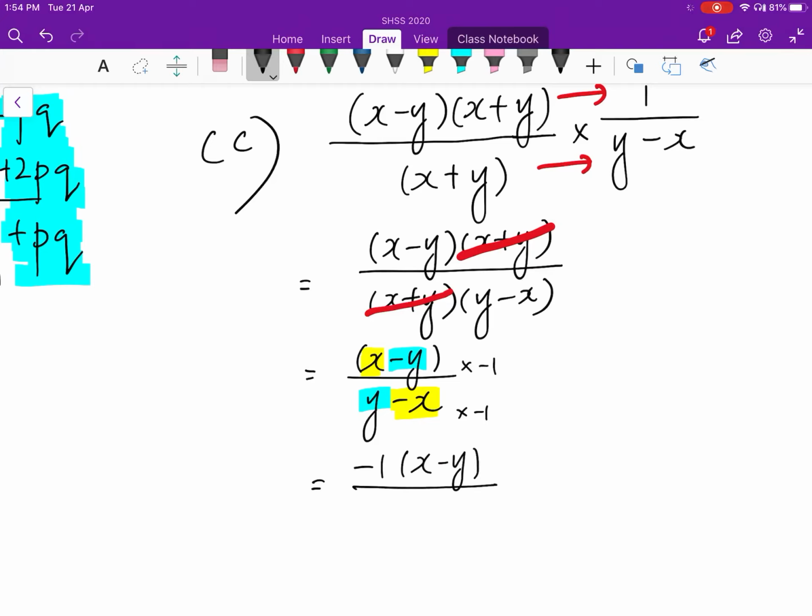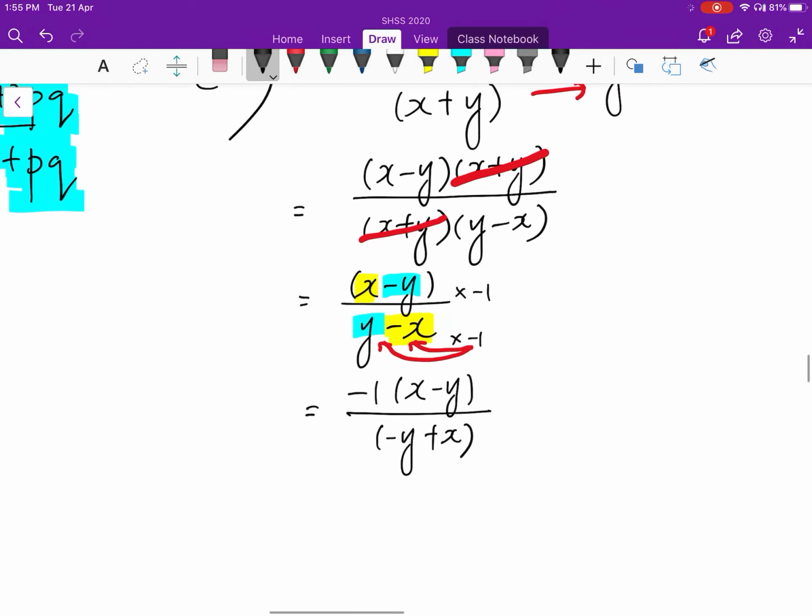Over, now I'm going to expand the denominator with the minus 1 into here and here. I will get negative y plus x. Then we see negative y, positive x, positive x. They are now the same. We can now cross them out. And we are left with minus 1.